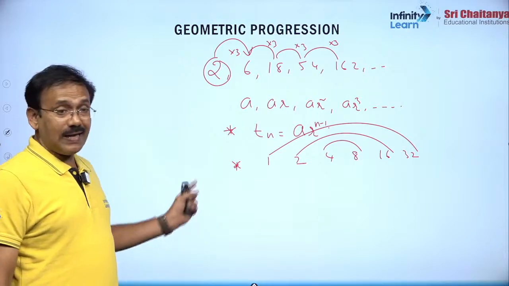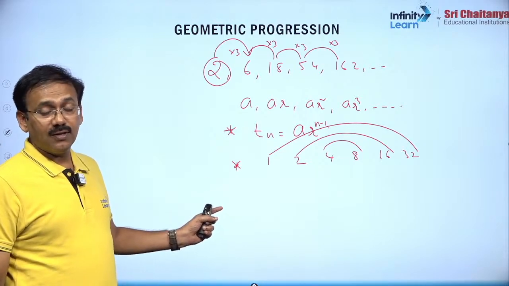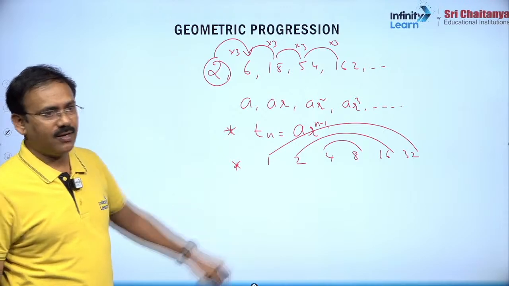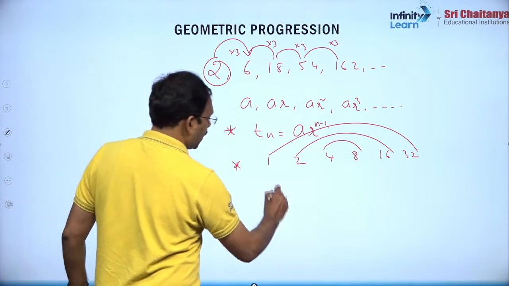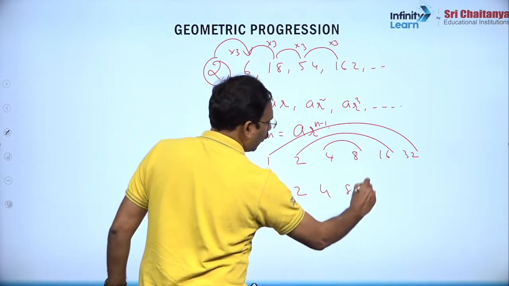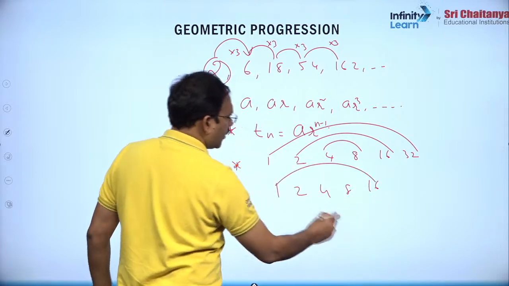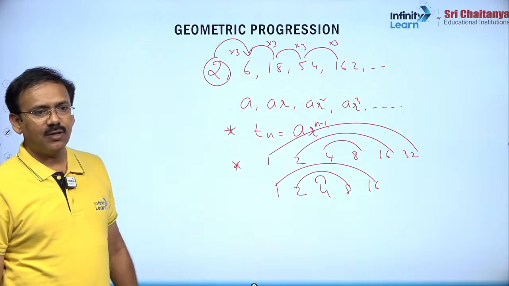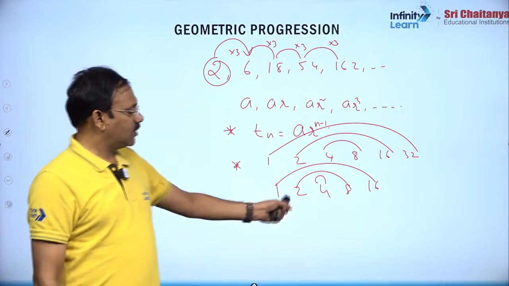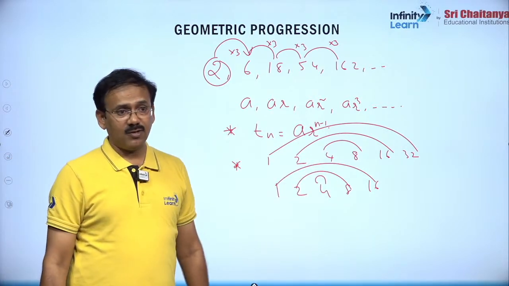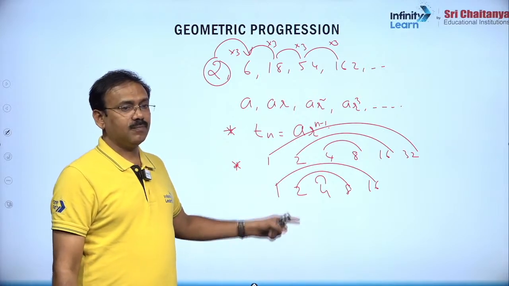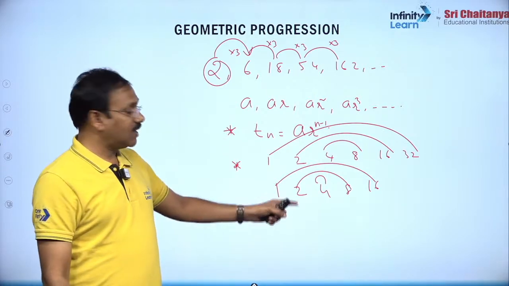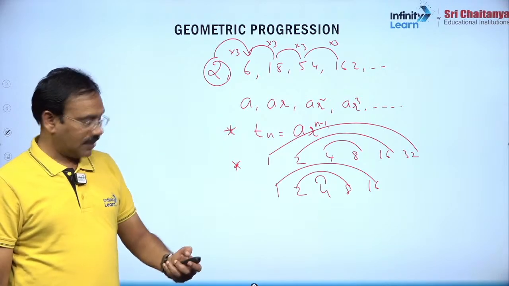So, like in AP this is going to be their sum, here it is the product my dear friends. The next, suppose if you take just 1, 2, 4, 8, 16, this product is the same as this product, and you do the product twice, you just multiply it twice. This particular result will help in finding the other questions.